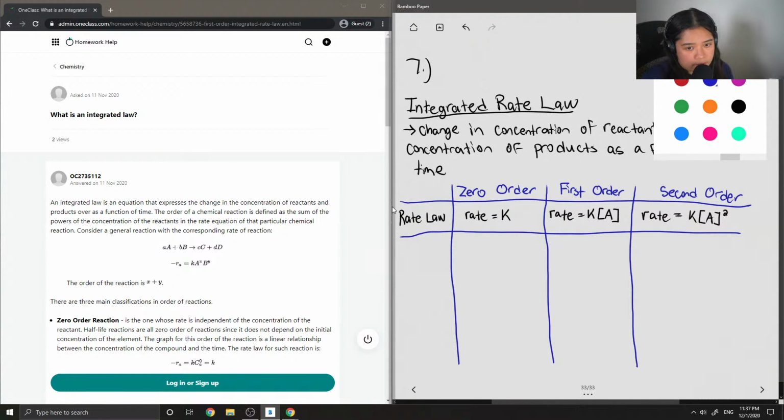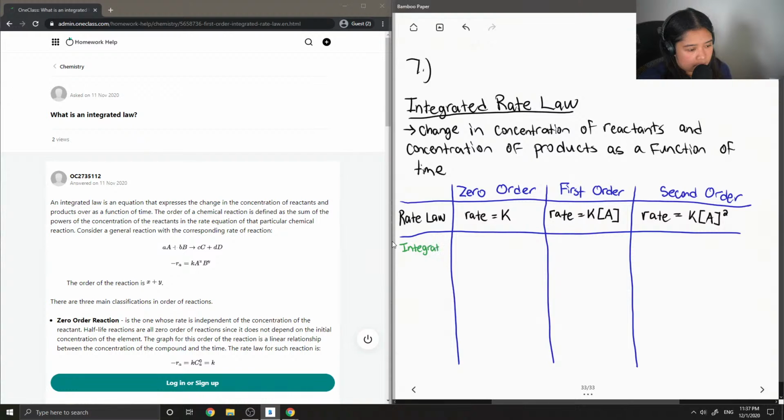Okay, so now I'll show all of the integrated rate laws. So usually these can be derived using multiple steps. But in the interest of time, I'm just going to write out the integrated rate laws for all of the different orders.